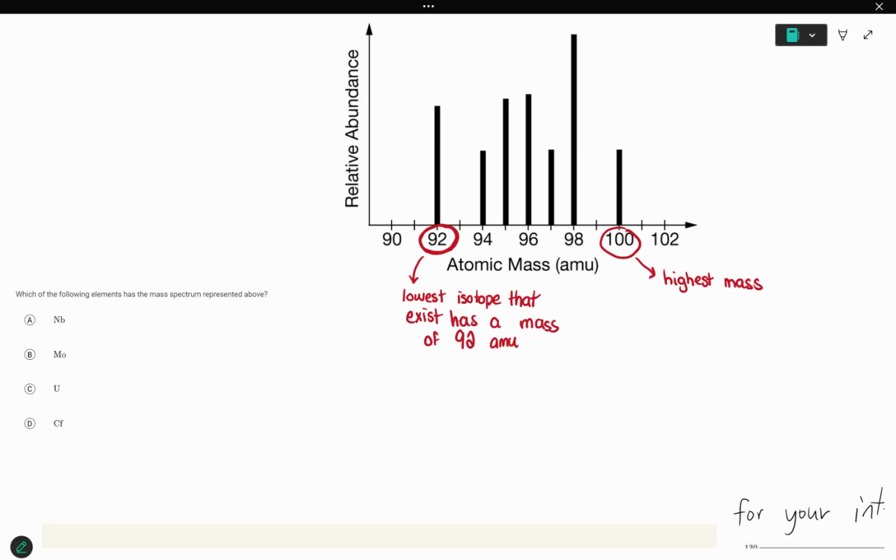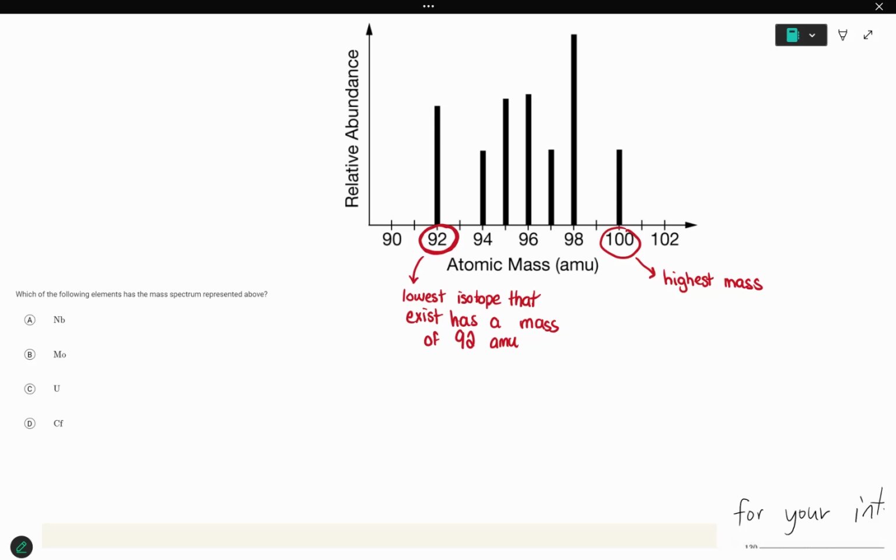So in that case, we take a look at the elements. There are 4 elements there, starting with niobium, which is Nb. If you take a look at it, Nb has a mass of 92.91.